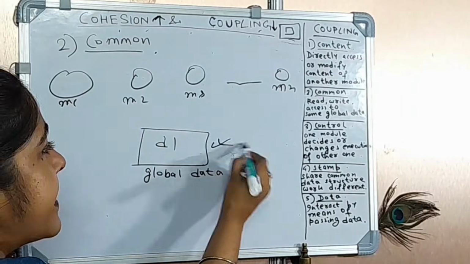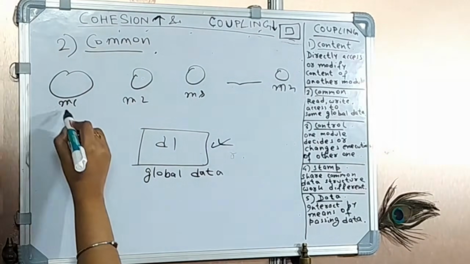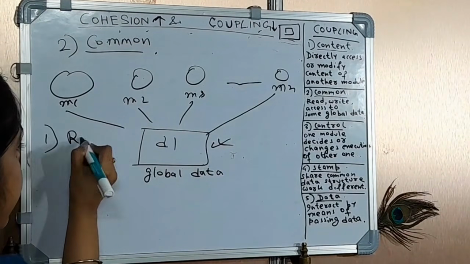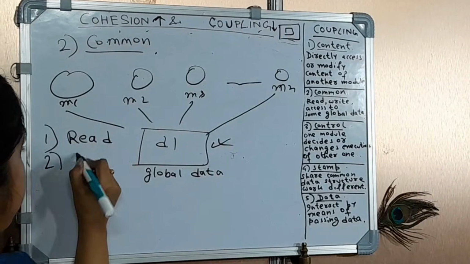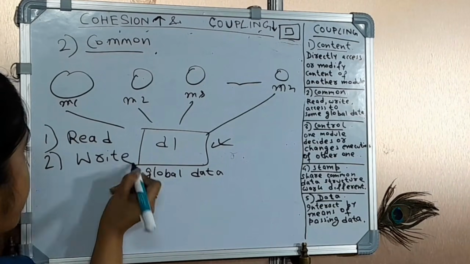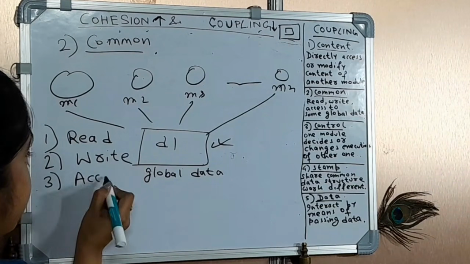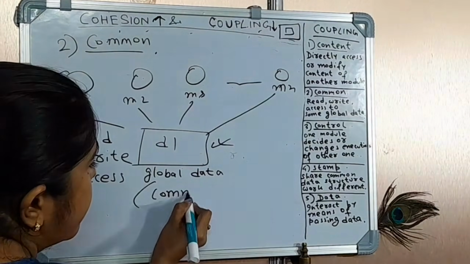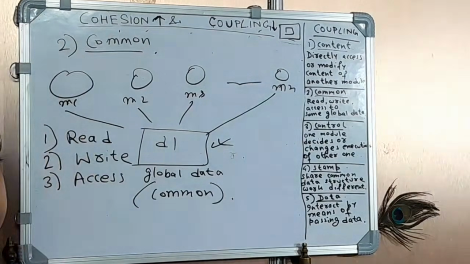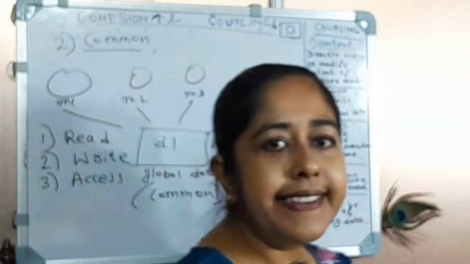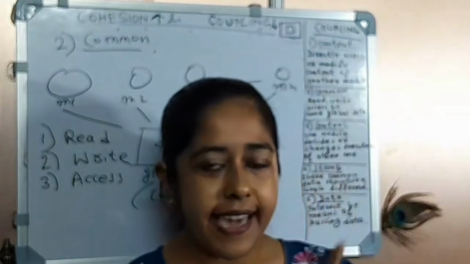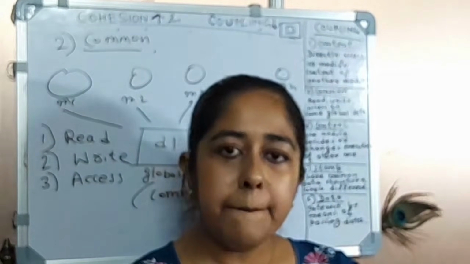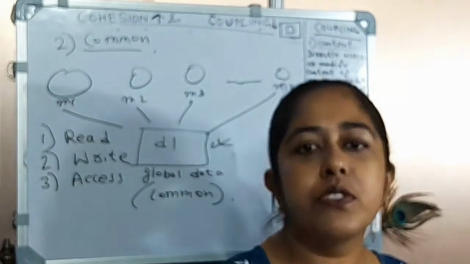A common data should be there which they can easily read. They can read, they can write, as well as access this global data. That is my common data. I have a data and that data can be accessed, read, or written by all these modules.